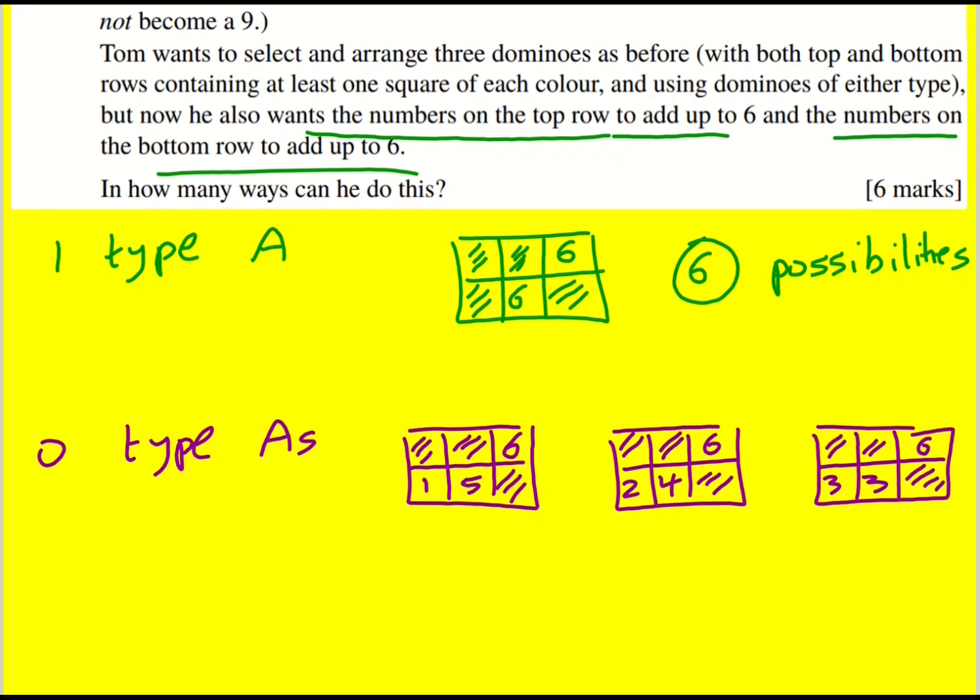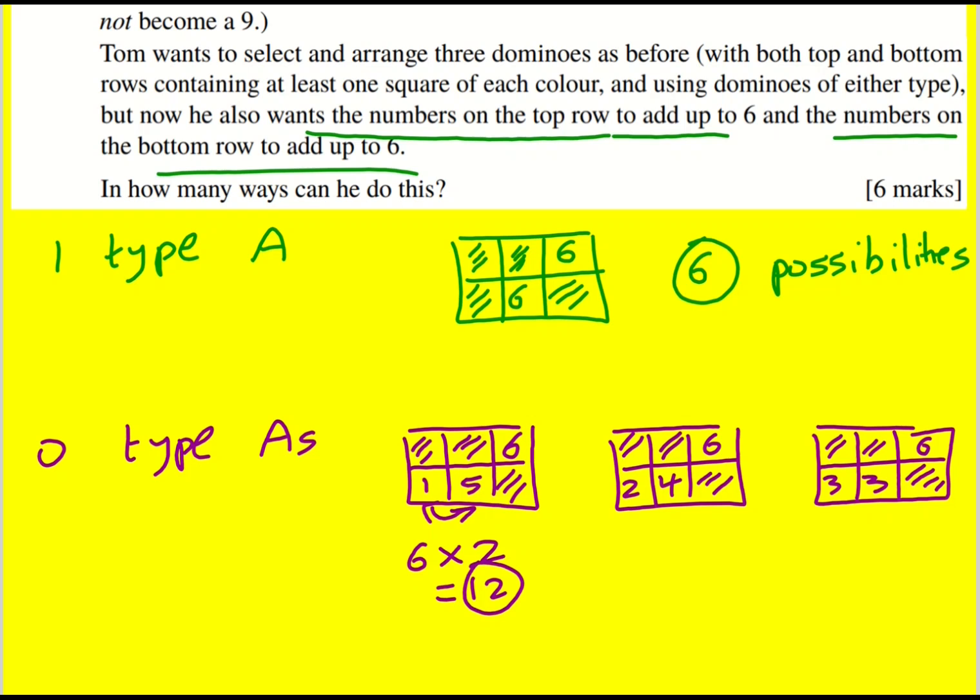So it's just how many different arrangements we're going to have within this. I've got 6 different ways I can arrange the tiles, but within this arrangement, I could also swap the 1 and the 5 around, meaning that it's actually going to be 6 times 2, or 12.